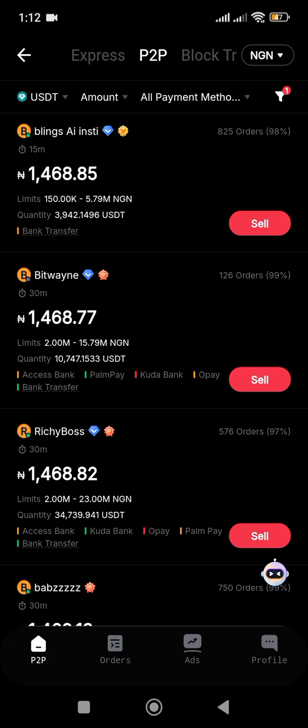The system will lock your coin, and then the person will make payment to your displayed account details, which you have already preset before now. Or if you have not set it, the system will ask you to add your account details, your payment information. So the person will be given the account to pay.